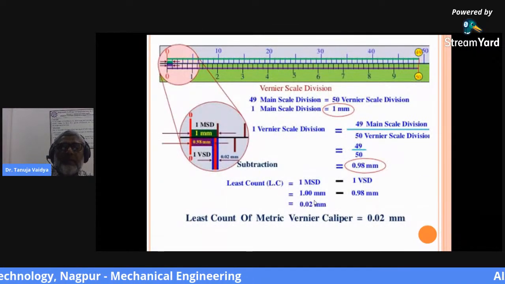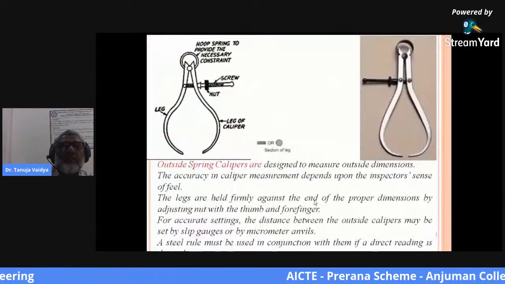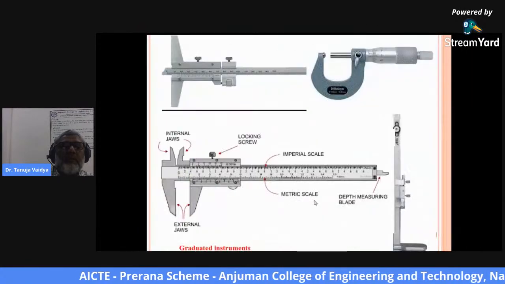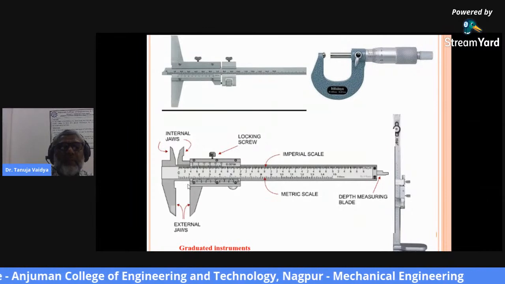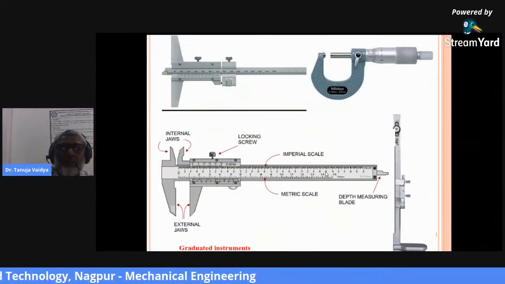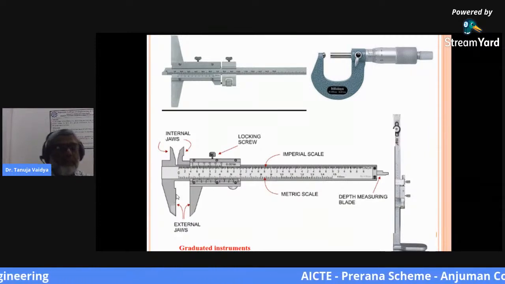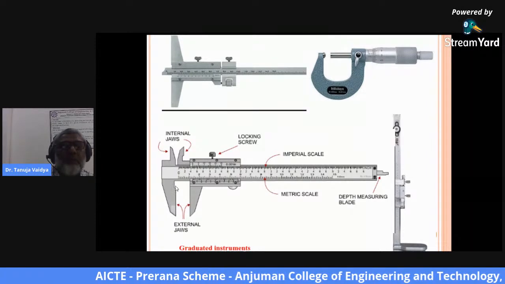Now we can understand from this figure the concept behind a vernier caliper. This is the main scale, and to this main scale a fixed jaw is attached.